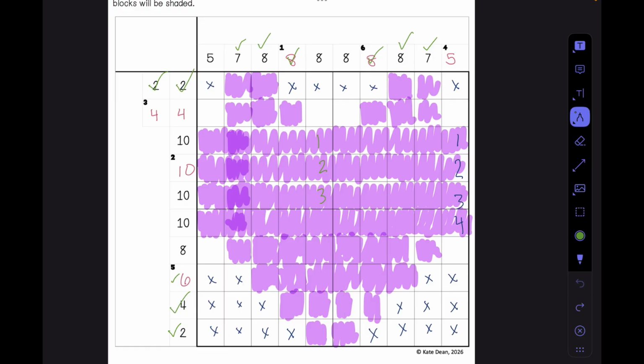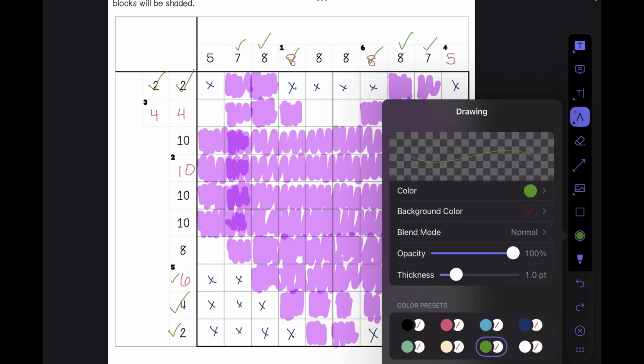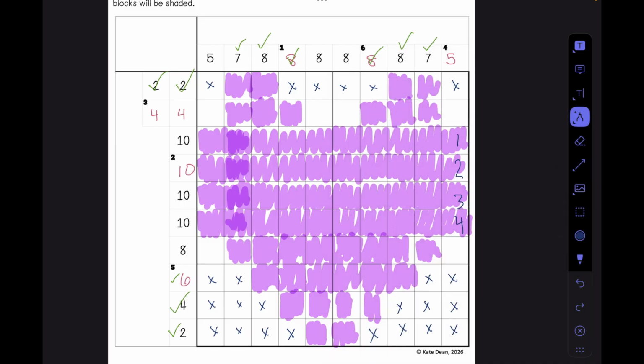So now I have my eights filled up, which means that this can't be filled and that can't be filled. So those are good. And then I can come back to my fours. So my fours, I have already one, two, three. So that means that I have to fill up this as my four and the same on this side, that is my four. And now I have my entire design.